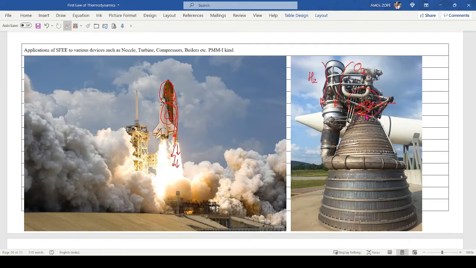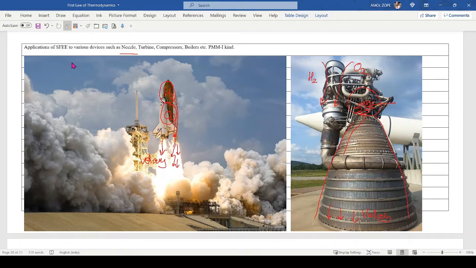Now because of that, the gases will pass through this device because of its shape. Look at the bell shaped curve. This particular shape, which increases velocity, is called a nozzle.